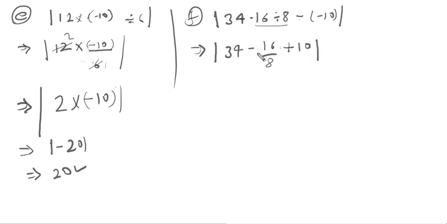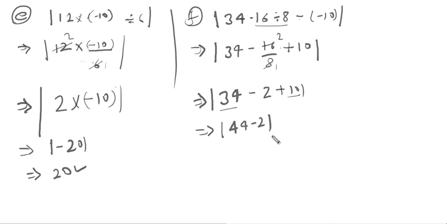So here you cannot cut like this. There is a multiplication sign, that is why you can cut it, but with plus or negative you cannot cut like this. 34 minus 8 1s are 8, 8 2s are 16, minus as it is 2 plus 10, right? So here 34 and 10 will become 44 minus 2. 44 minus 2 will be 42. Now 42 is your answer here, right?